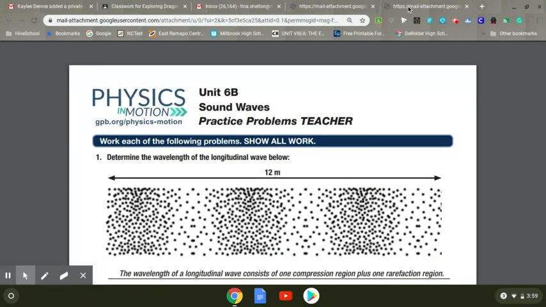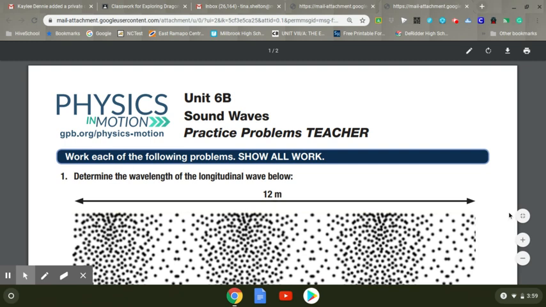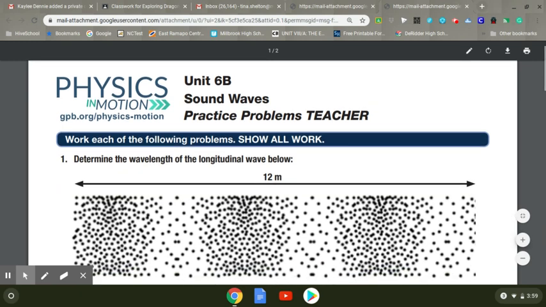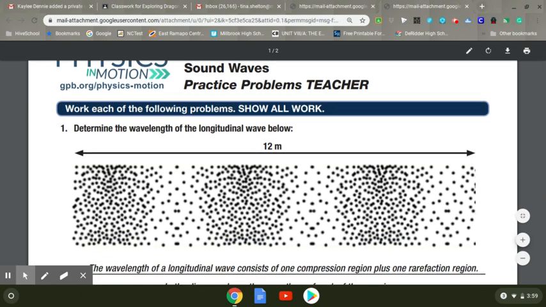So now find your 6B practice problems, and we're going to look at this one. I'm going to make it just a little bit larger. It says determine the wavelength of the longitudinal wave. Now remember, longitudinal waves have compressions and then rarefactions, and that makes up a wave. On this particular example, you have 3 compressions and 3 rarefactions, so you've got 3 waves.